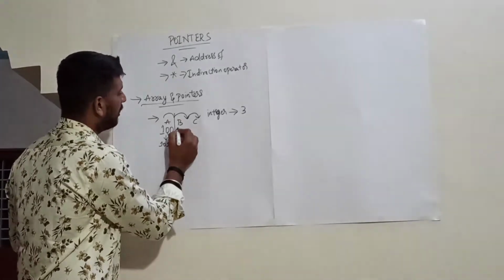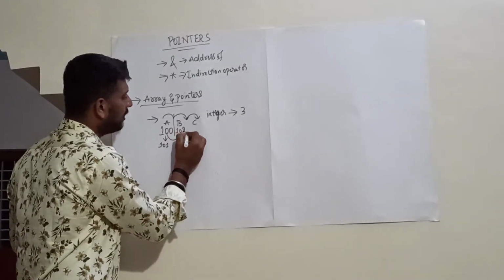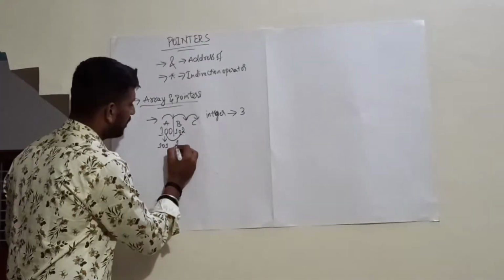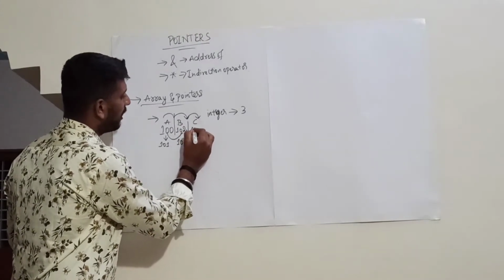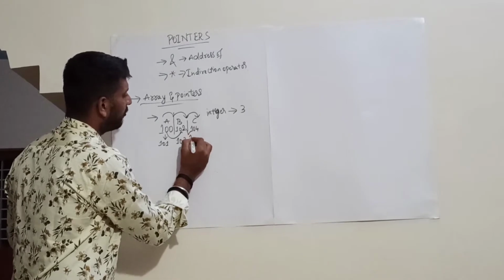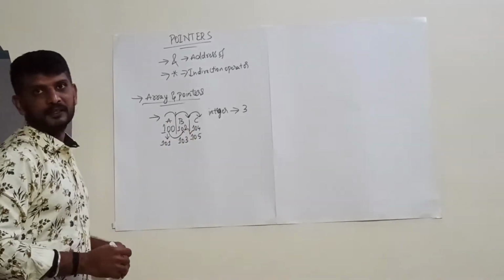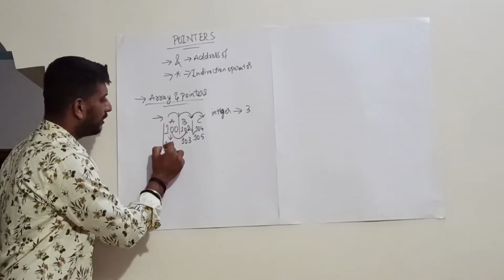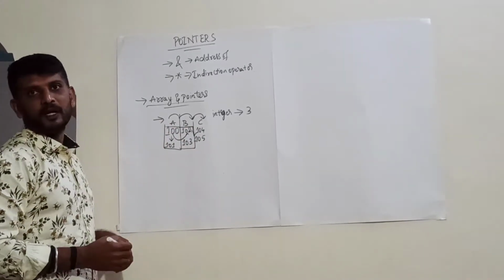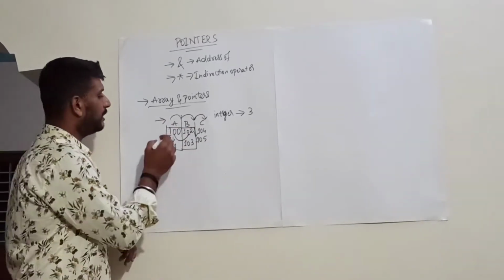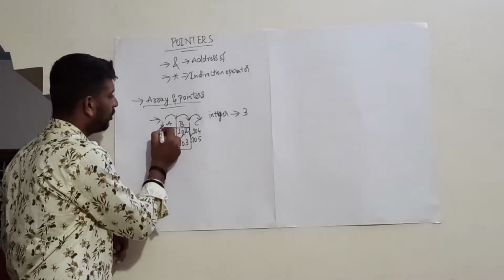The next one will be at 102 to 103. The third one will be from 104 to 105. This is how exactly the memory is allocated, because an integer occupies 2 bytes of memory, so each variable takes 2 locations.